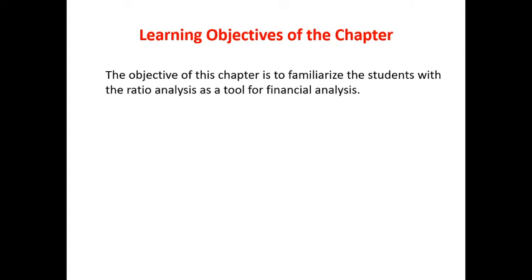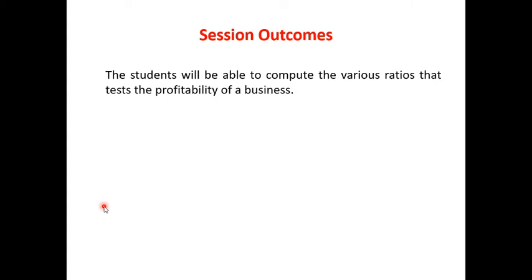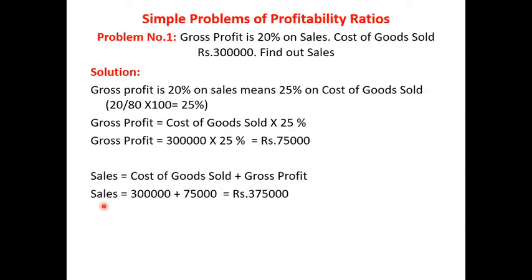The main objective of this chapter is to familiarize the students with ratio analysis as a tool for financial analysis. The outcome of this session is that the students will be able to compute the various ratios that test the profitability of a business.